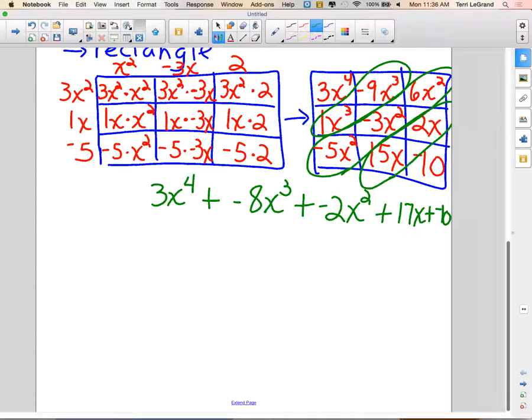We've already done all of the combining of like terms. Again, if you need to write all 9 of those terms down like this, 3x to the 4th plus -9x cubed plus 6x squared. Notice what happens though when I start doing it like this. Are the like terms by each other? No, they kind of get out of order, don't they?